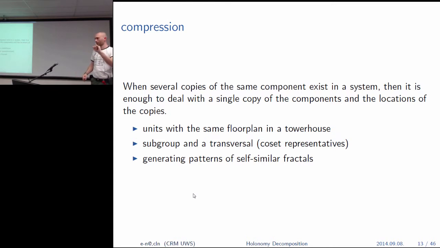So you just store the pattern and the locations. An example: if you build a tower house and all the units look the same, you don't have to talk about each individual bathtub. You just say the bathtub on unit 4 and level 6, and you know exactly which needs fixing them.